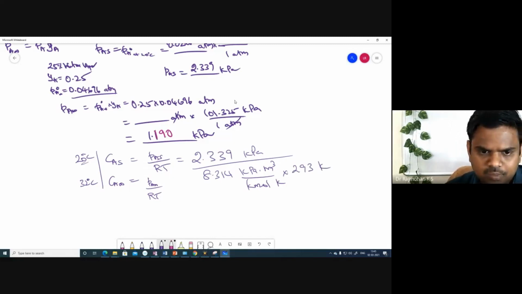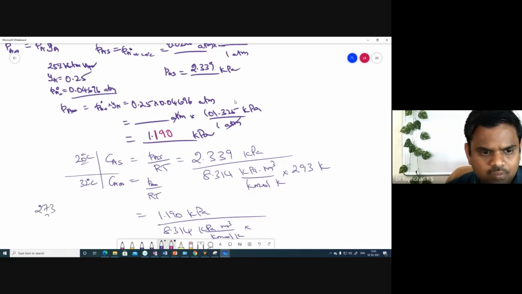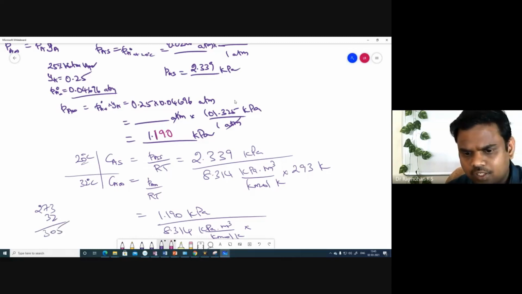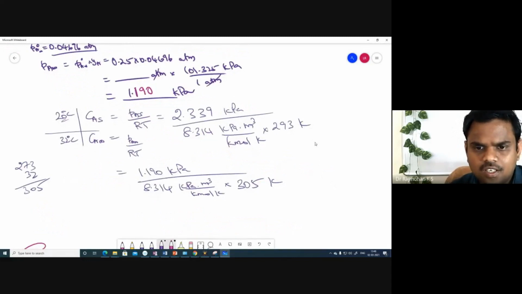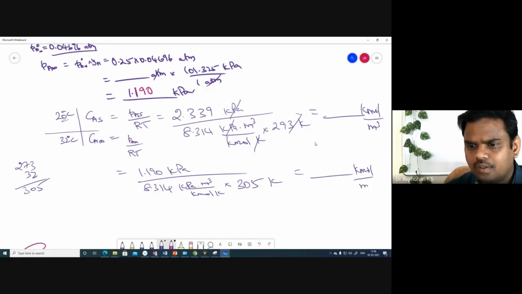Similarly, what is CA infinity? CA infinity is 1.190 kilopascal divided by the same 8.314 kilopascal meter cube per kilomole Kelvin, and here the temperature is 32 degrees Celsius, which is 273 plus 32, 305 Kelvin. Can you simplify? What is CA? Kilomoles per meter cube.